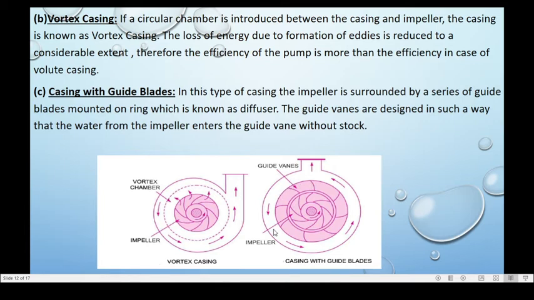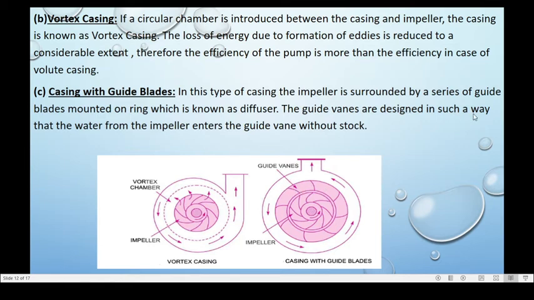So this is the casing with guide blades. As you can see in the figure, this is the casing, this is the impeller, and these are the guide wheels. In this type of casing, the impeller is surrounded by a series of guide plates mounted on a ring. These guide plates are known as the diffuser.